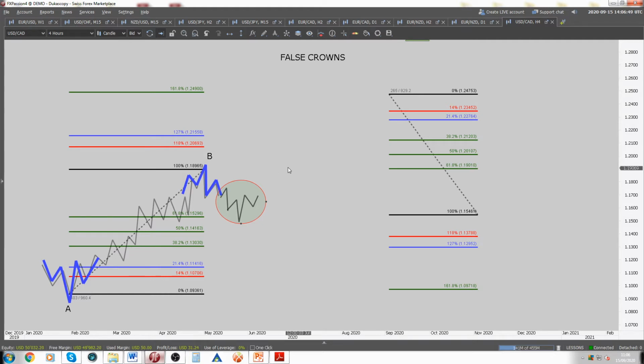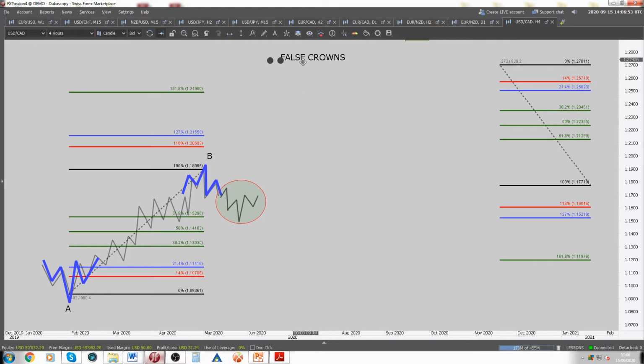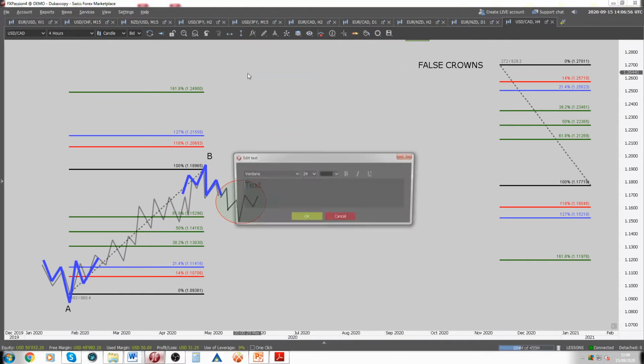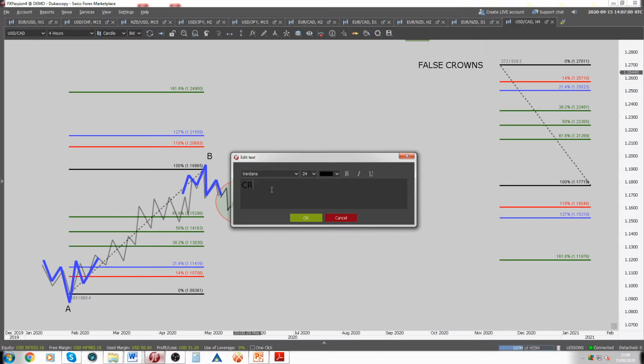So what we need to understand and learn is that crowns, okay, so let's say 8 out of 10 crowns that are going to work, 8 out of 10 are going to appear at ABCDs and strong support, resistance, pivot point levels.